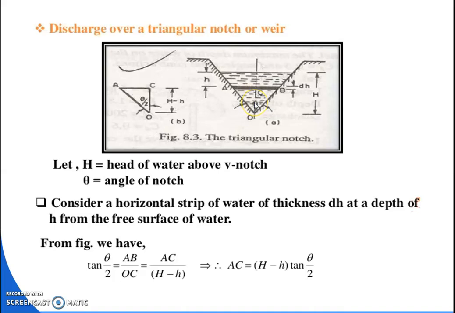First, the discharge of the small strip can be obtained. We have discharge equal to area into velocity. Find out the area of the strip AB having thickness dh and length AB.